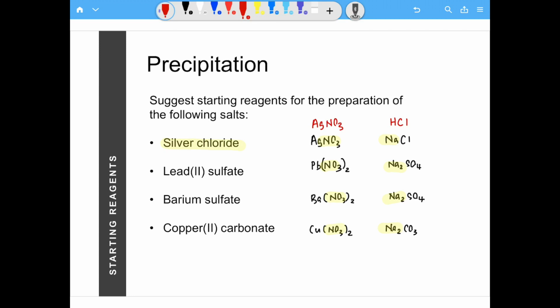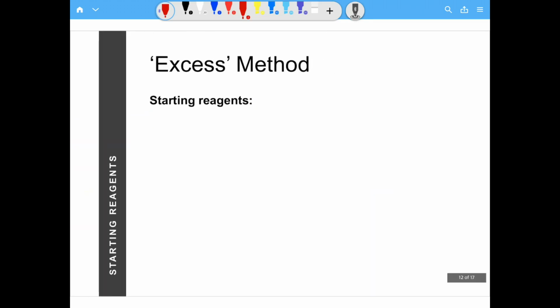Why is that so? Because hydrochloric acid is also a solution that contains the chloride ion. So there are many correct choices of starting reagents that you can use in the precipitation method, but for convenience, it will help greatly to always use the nitrate salt and the sodium salt.